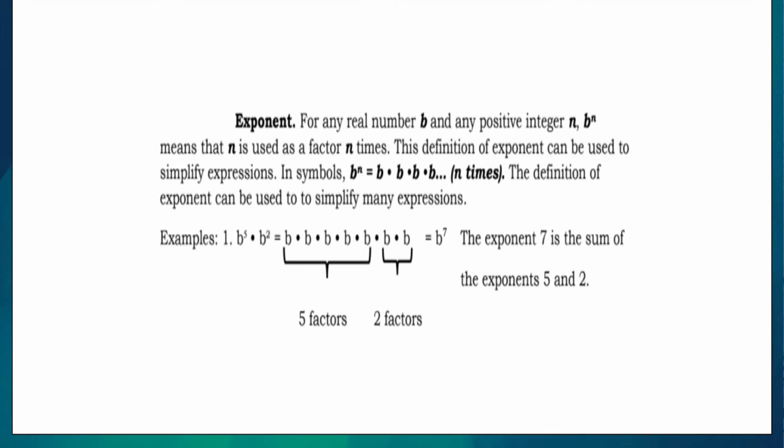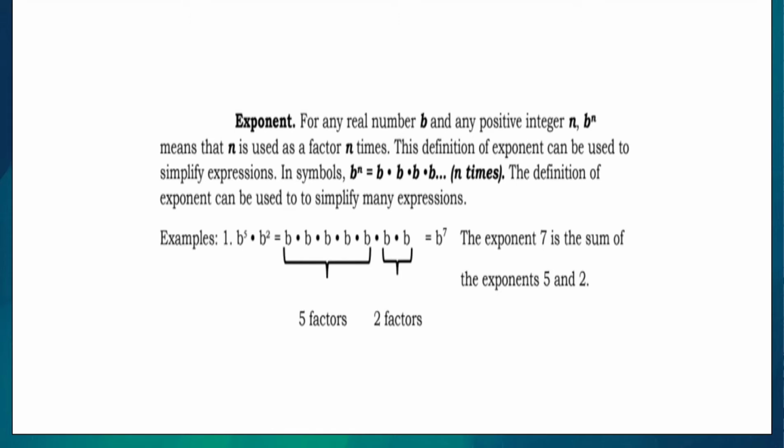Exponent. For any real number b and any positive integer n, b to the power of n means that b is used as a factor n times. This definition of exponent can be used to simplify expressions.